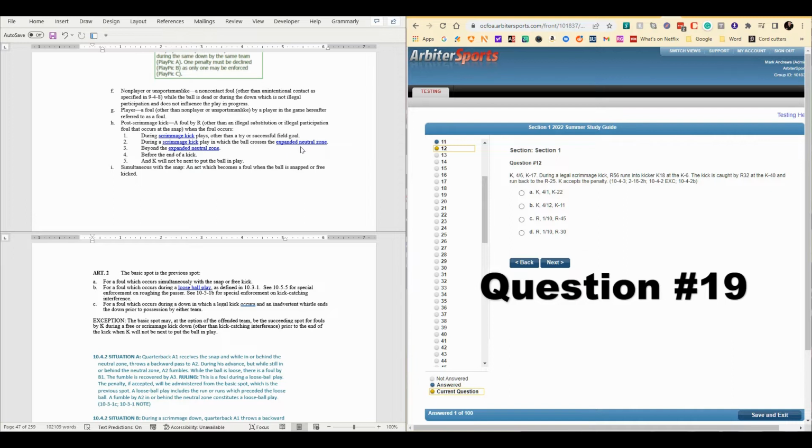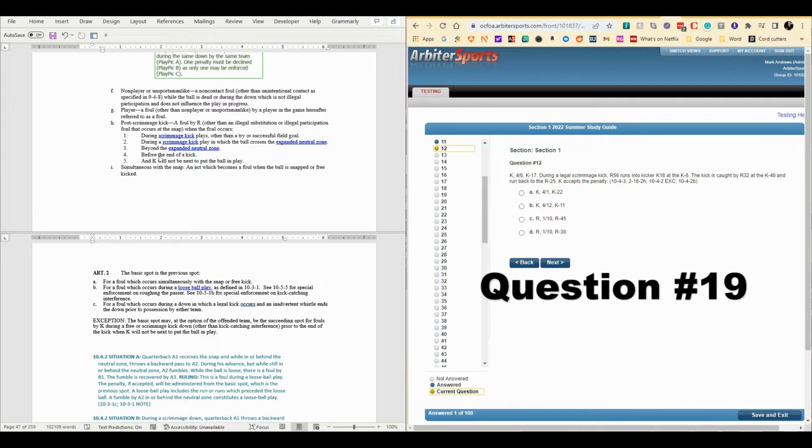We refer to post-scrimmage kick fouls as PSK. The foul has to occur beyond the expanded neutral zone. Again, it has to occur in that area that's beyond 2 yards to the defensive side of the line of scrimmage. It has to occur before the end of the kick.